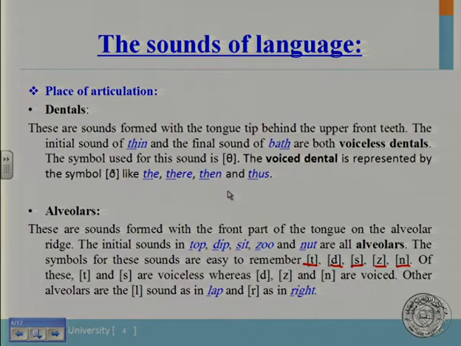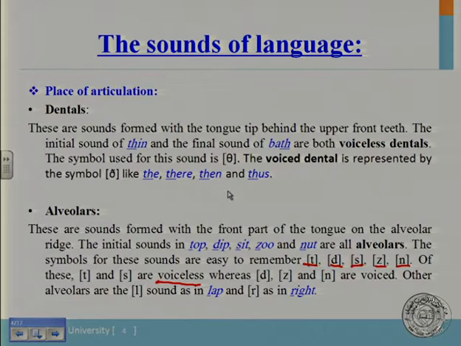Now, of these sounds, we have t and s. These two sounds are voiceless. We do not feel any vibration while pronouncing them. Whereas d and z make vibration.